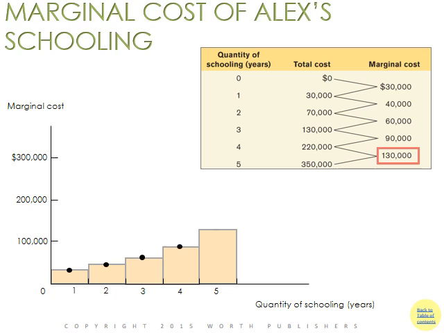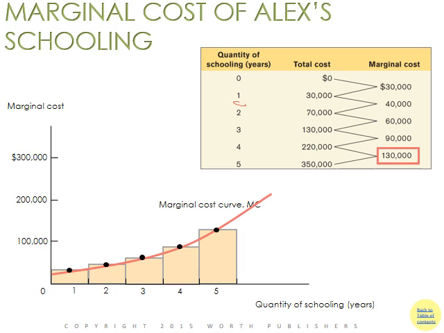In this example, we're looking at the incremental cost of Alex attending one more additional year of school. So here, what we're looking at is the marginal cost or the incremental cost of the first year of school. So total cost goes from $0 to $30,000.